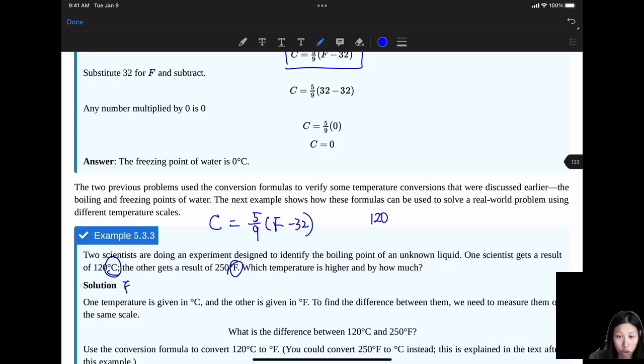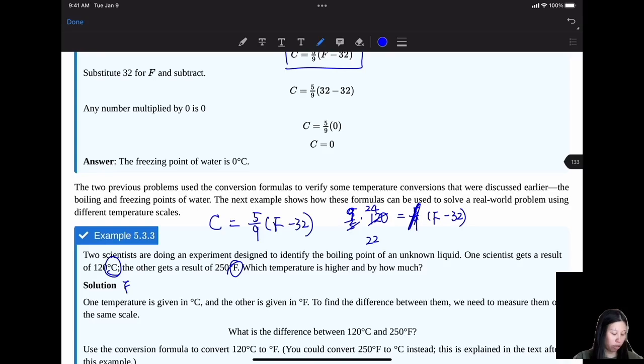So I have 120 equals 5/9 times Fahrenheit minus 32. The first step is you want to multiply 9/5 on both sides. And then you have 24 times 9, which equals 226? No, 216. Oh my god.